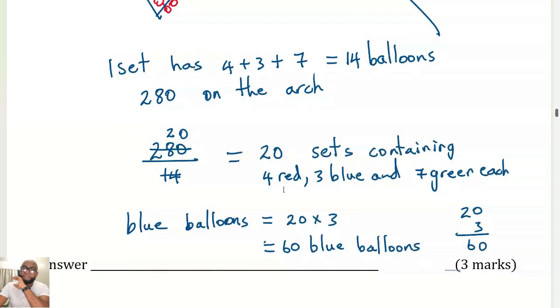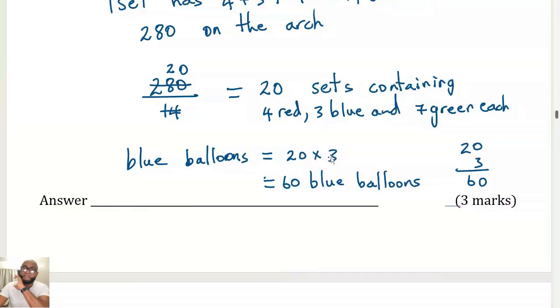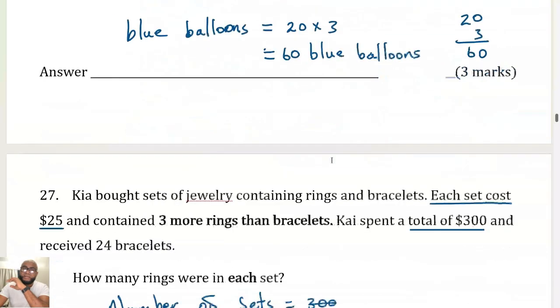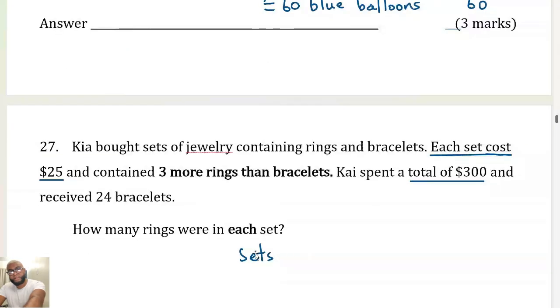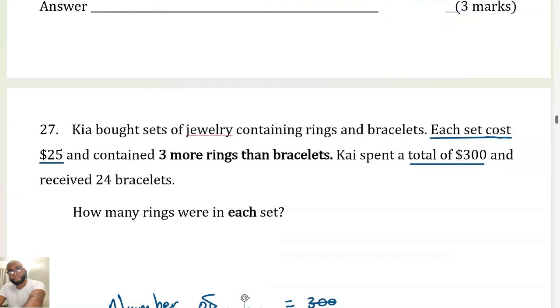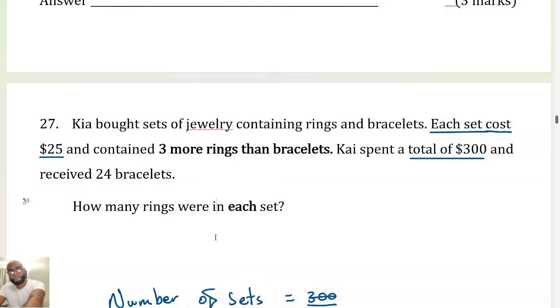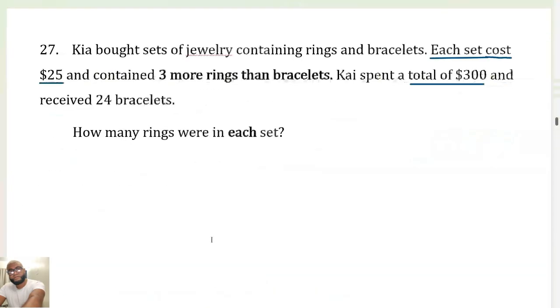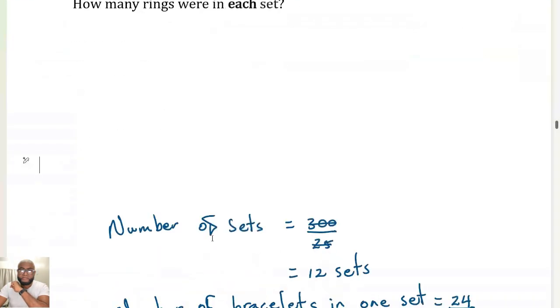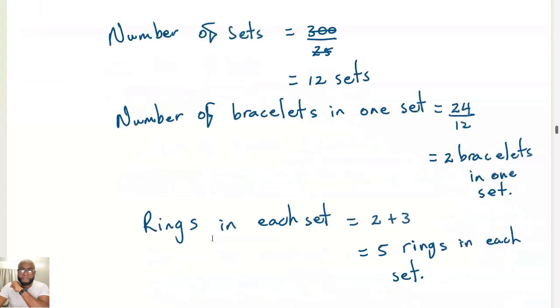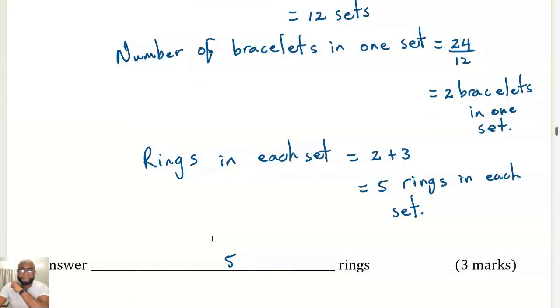We had 20 sets, so we multiply 20 by 3 to get my answer here. I could set it down again. Send that down, right? Your child could try this one now. Pause it, let them try it. Scrolling down, this is my answer here.